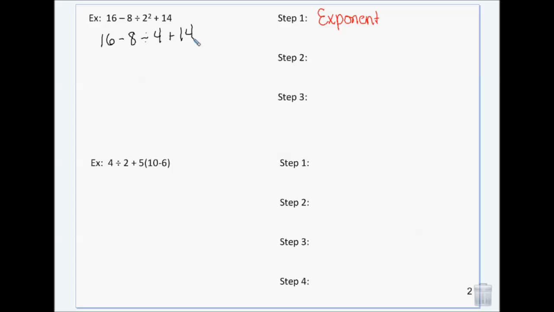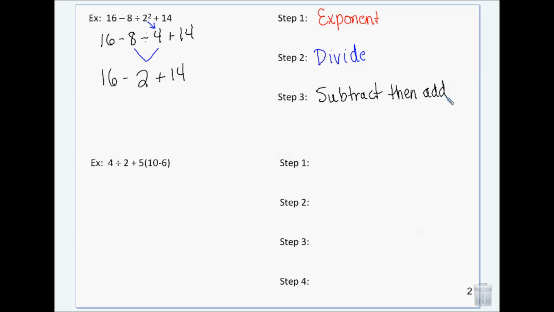Next, divide. So 8 divided by 4 is 2. And last, I'm going to subtract and then add. 16 minus 2 is 14. Plus 14 is 28.